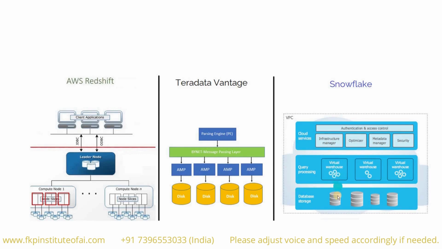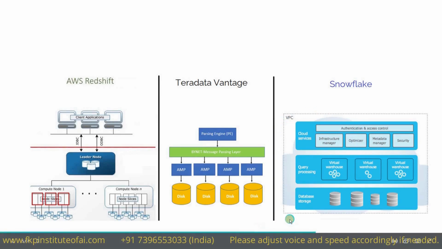Those threads go to the disks and bring the data needed to perform that particular query, and perform the operations they are supposed to perform. Once the result is ready, that result will be sent to the cloud services layer. Then the cloud services layer dispatches the result set to the user who submitted that query.